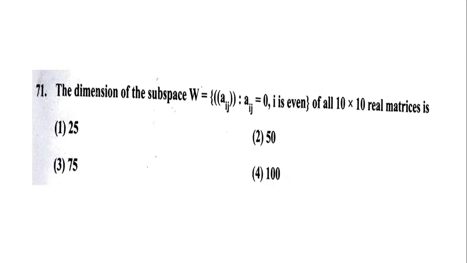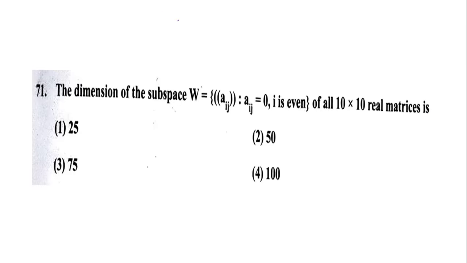Question number 71, linear algebra. The dimension of the subspace W is equal to, a matrix is given Aij such that Aij is equal to 0 when i is even, of all 10 into 10 real matrices.